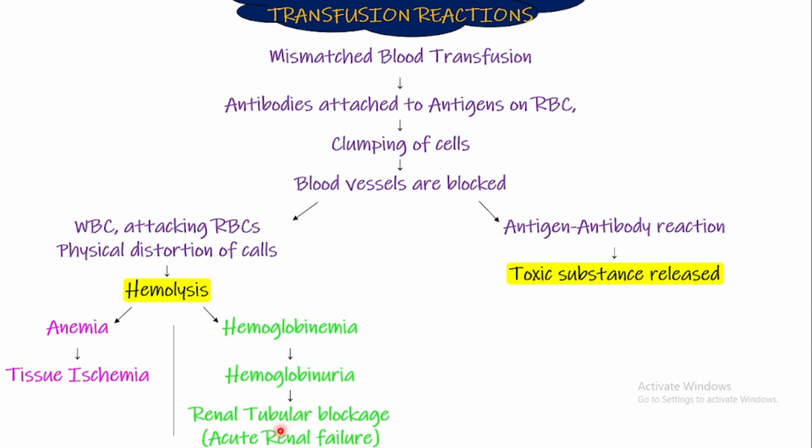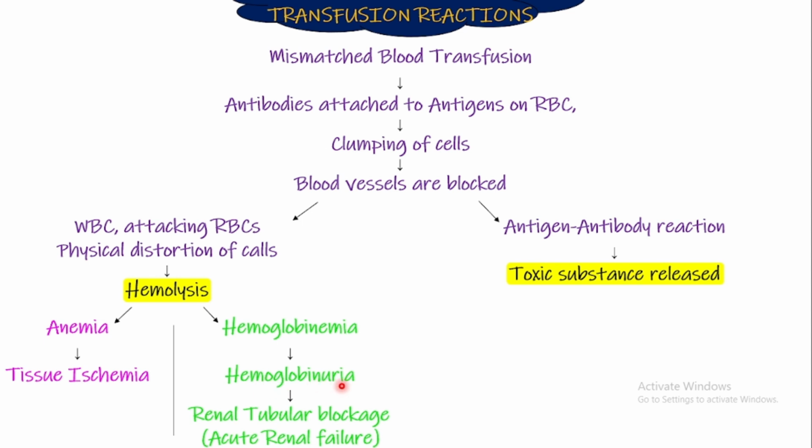So a lot of hemoglobin will come out of the red blood cells into the blood. From there it will go to the kidneys, and the hemoglobin will appear in urine. So the appearance of hemoglobin in urine is hemoglobinuria. Uria is from urine. Okay?